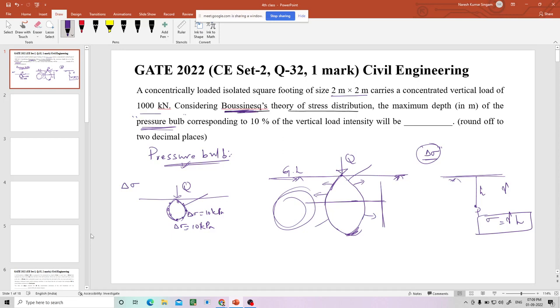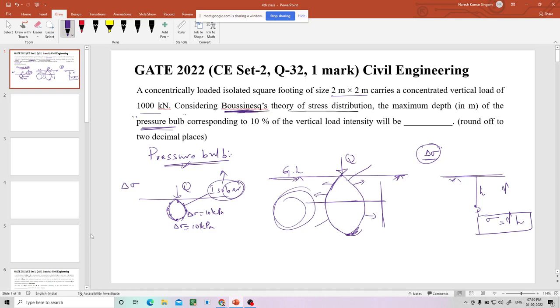This is a 3D surface, and on this 3D surface, any point you take shows the same incremental stress. That is why this is called isochrone, I think. Let me correct this, I'll correct it in the next class. Maybe isochrone or isobar. Mostly it is isobar, because for the same pressure you can call it an isobar.